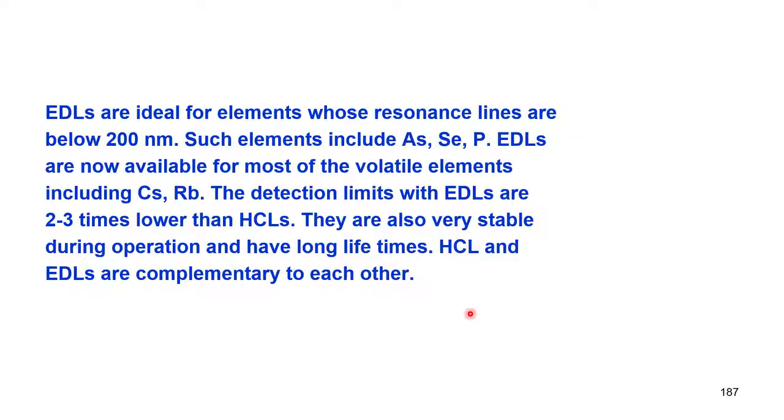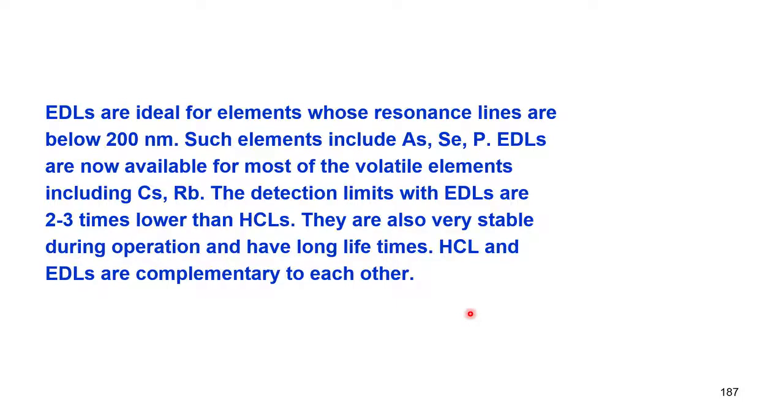But a xenon lamp has short life, etc. There are other problems which have been solved to some extent in recent instruments. But before we go to that level, we will take a look at the chemical aspects of EDL. So the EDLs are ideal for elements whose resonance lines are below 200 nanometers.